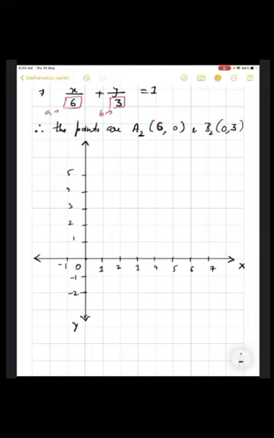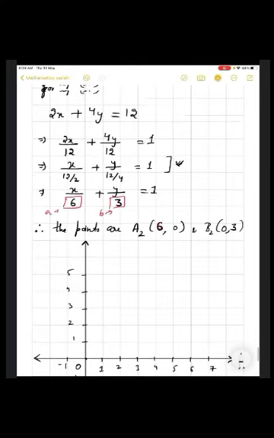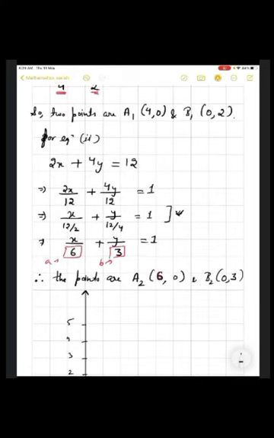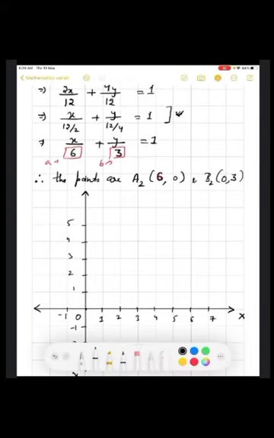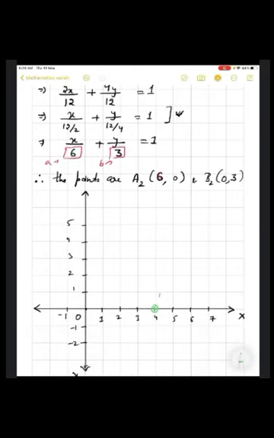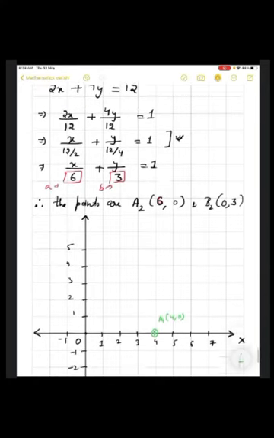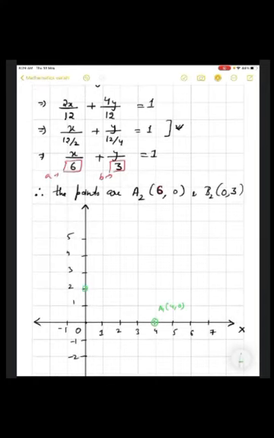So first points A1 and B1, 4,0 and 0,2. So where's 4,0? 4,0 will be here. This is my A1. Another point is 0,2. So we have this B1 where x is 0 and y is 2.